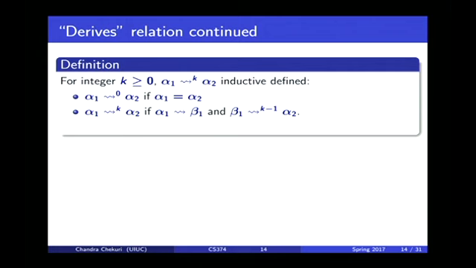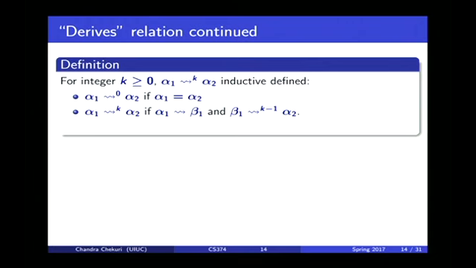We don't say "and so on". We say that alpha 1 derives alpha 2 in 0 steps if it's the same string. And alpha 1 derives alpha 2 in k steps if you can go from alpha 1 to beta 1 in one step, and then from beta 1 to alpha 2 in k minus 1 steps. Not hard, but this is important to formalize.